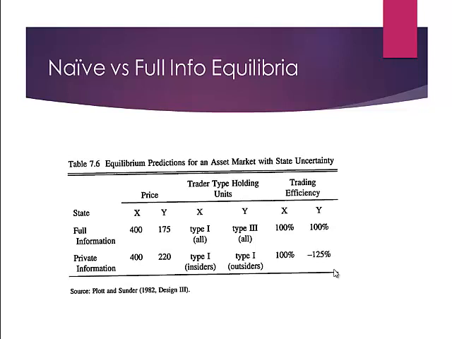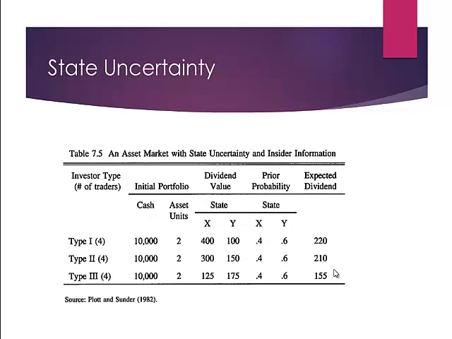Well, let's look at the private information. That's the easy case. Suppose that information does not leak. Then in state X, if you look at type 1, that's the highest value, 400. So type 1 insiders will know exactly what the value of the asset is, and it is 400.